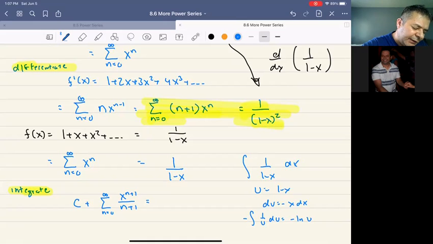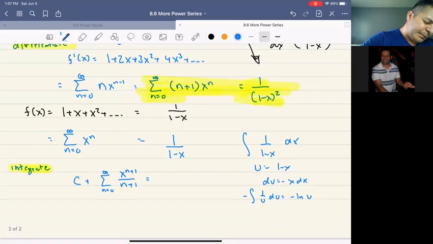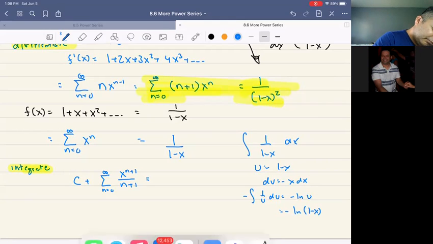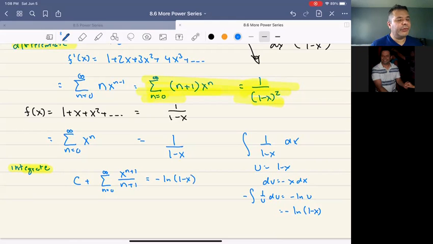Didn't want that negative sign. I must have made a mistake somewhere. One over 1 minus x times negative. Nope, that's fine. Okay, so we get natural log of 1 minus x is negative this sum.